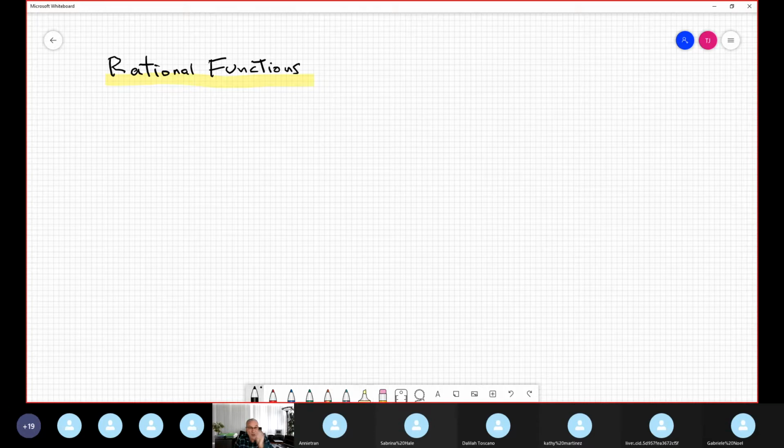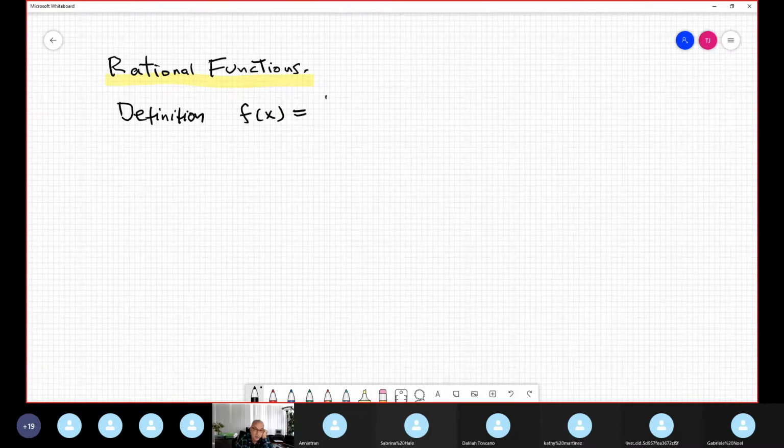Okay. Now, number one, definition. A rational function is a function that is created by the division of two polynomials. So you have p of x divided by q of x. And what about p and q?